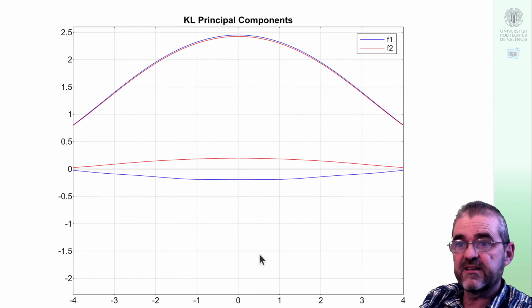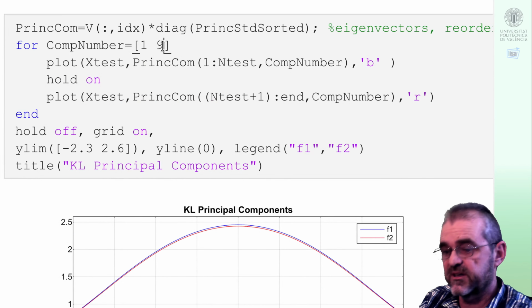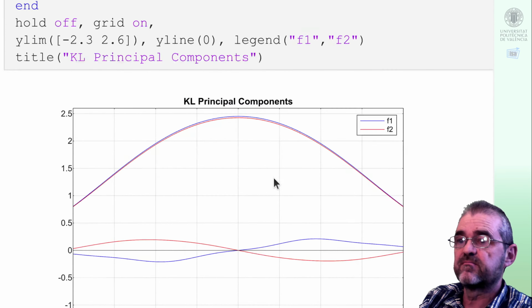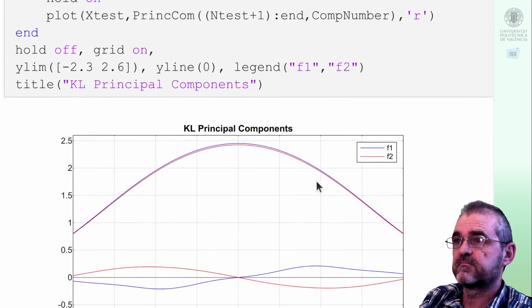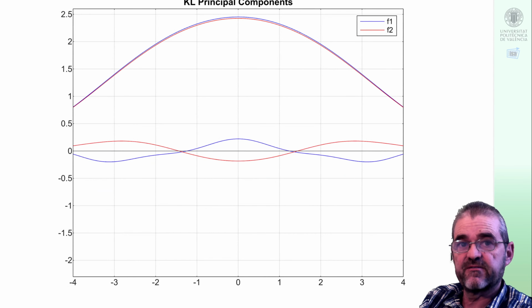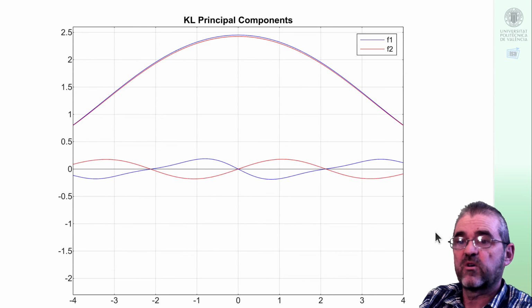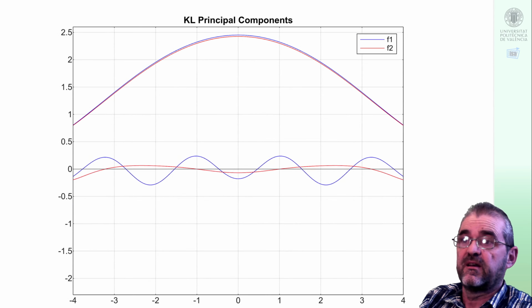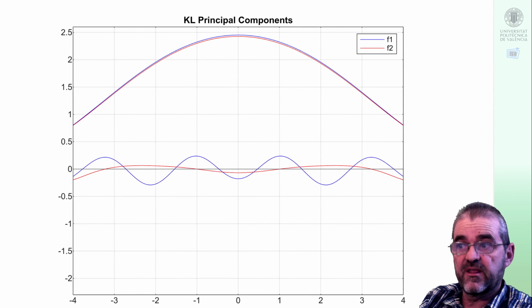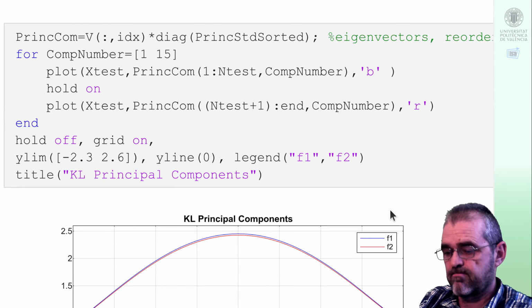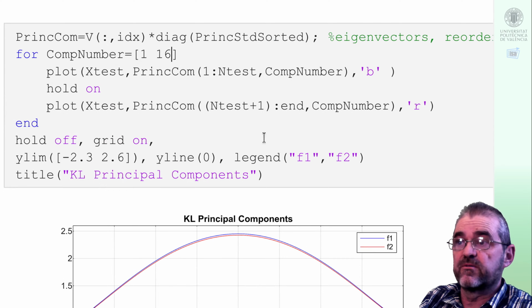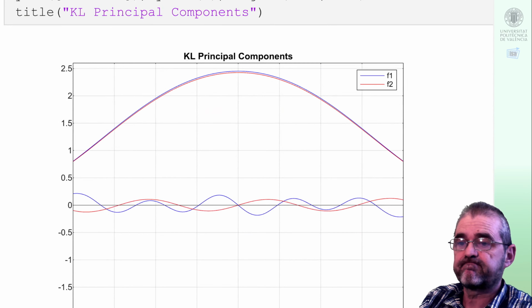So this was component 9, and then we have a bunch of harmonics. Component 10 explains the difference at double the frequency. Component 11 has triple the frequency. Component 12 quadruple the frequency. And now we have component 13 that again is associated mostly to f1. And we can go on drawing more and more components.